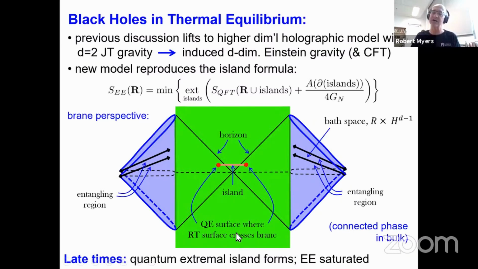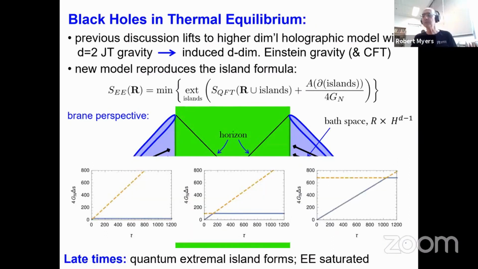That's defined from our bulk perspective by the places where the RT surface went in and hit the brane. But here are some graphs. You can do it in any number of dimensions now. I seem to have lost the dimensions, but it's 3, 4, and 5. And you're seeing the same kind of behavior in all of these different theories.